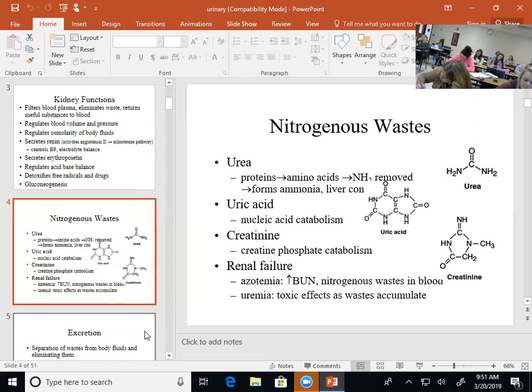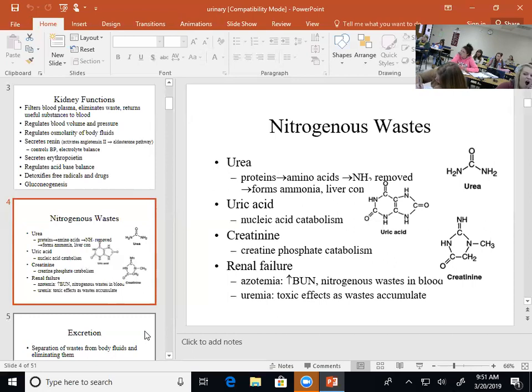So the effects of these wastes are accumulating, and they're toxic, and other organ systems are struggling to keep up. That's referred to as uremic syndrome. And this person is now going to be at risk of losing their life.